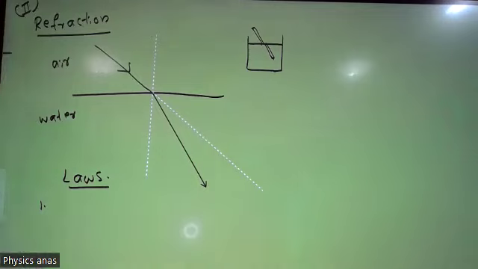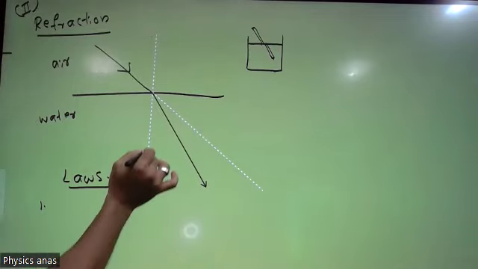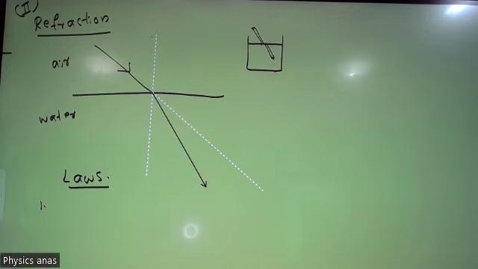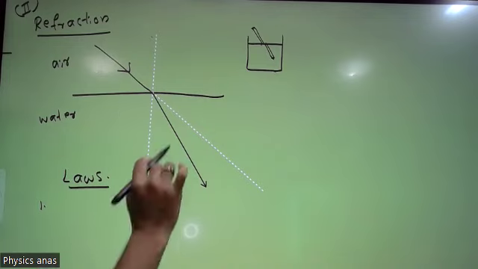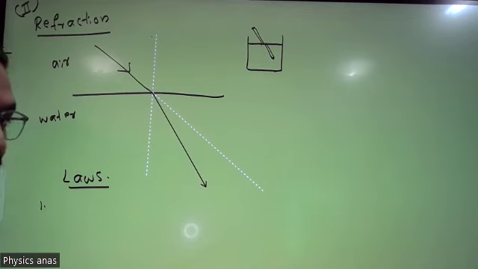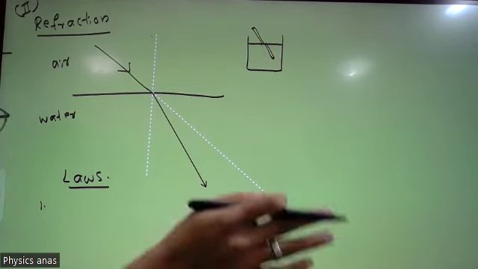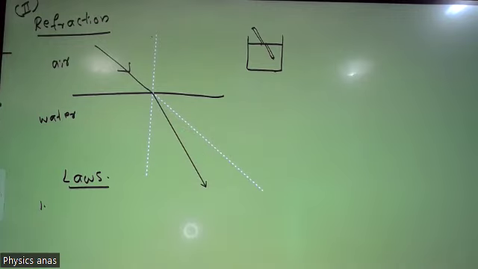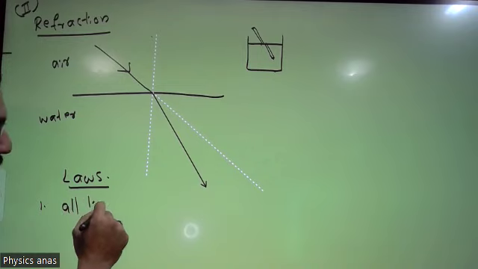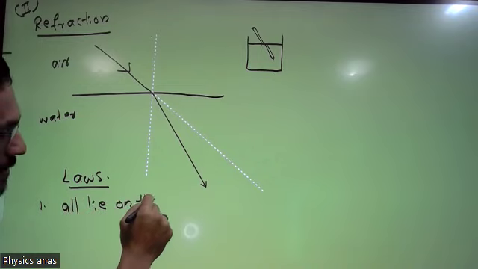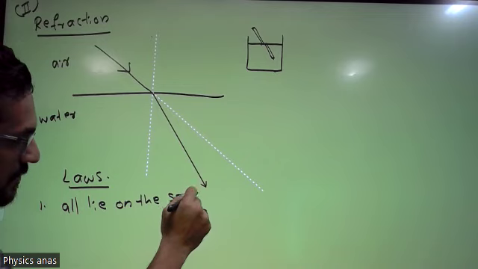What is the first law? The incident ray, the normal at the point of incidence, and the reflected ray all lie on the same plane. That is the first law for reflection. The exact same law is for refraction. So all lie on the same plane. That is the first law.